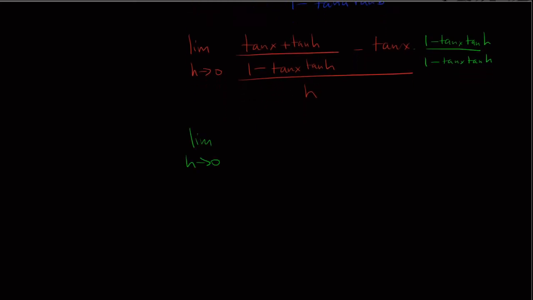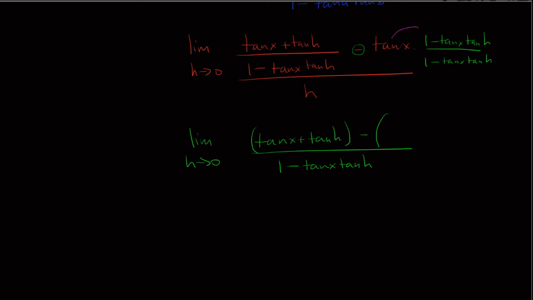They're going to have 1 minus tangent x times tangent h in the denominator, and the first fraction has tangent x plus tangent h as a numerator. And then minus. So I'm going to keep this negative factored out, ignore it for now, and just focus on tangent.